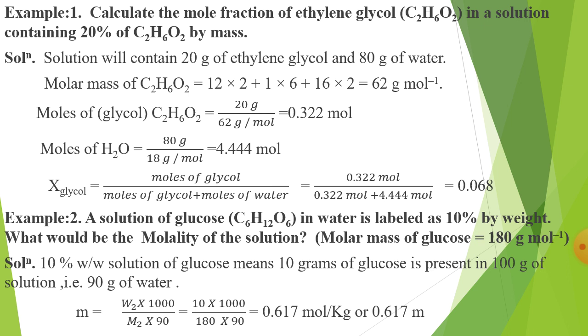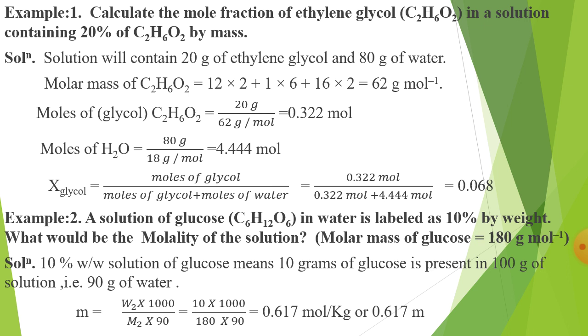Now, we have to look at some examples which are based on concentration terms. Example number 1. Calculate the mole fraction of ethylene glycol, formula C2H6O2, in a solution containing 20% of C2H6O2 by mass.